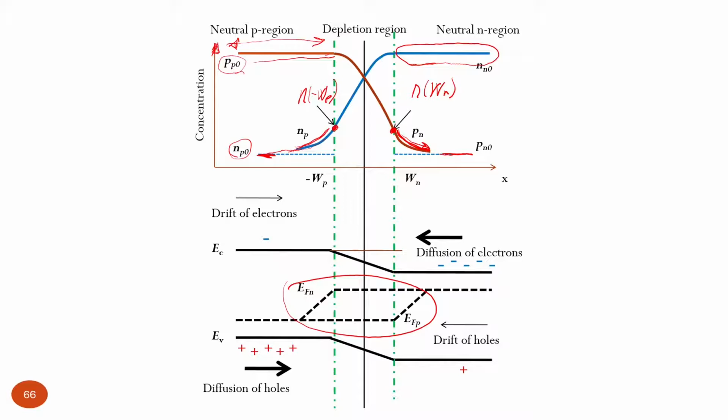So with this we can proceed further with quantitative analysis of the current-voltage characteristic, and the first thing we need to do, we will try to derive an equation for the minority charge carrier distribution when they diffuse in a p-n junction.